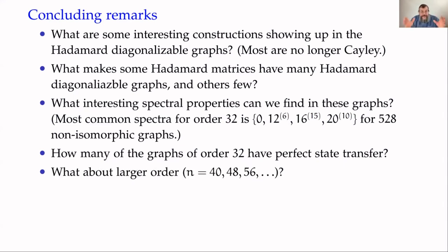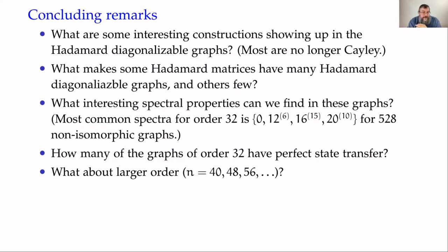What about larger orders? For example, 40, 48, 56. You might start to wonder, can the computer handle it? And the answer is yes. We were able to run the 40, 48, 56 Hadamard matrices that were in Neil Sloane's Hadamard index.